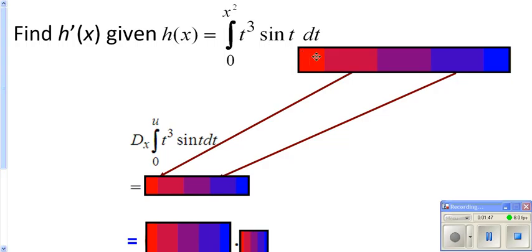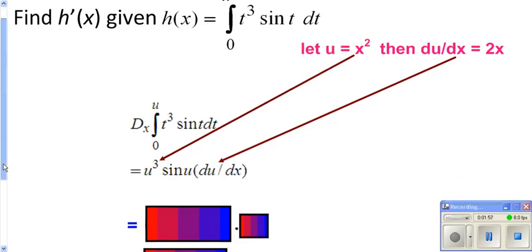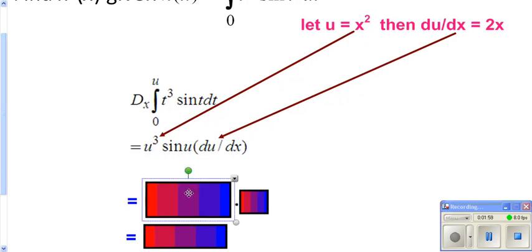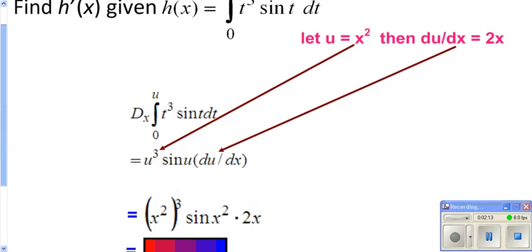Now, there's some technicalities that you need to deal with, but for the most part, it just boils down to, if you did use u substitution, you'd have this. And so then you'd want to be going ahead and taking your derivative of this here. In derivative of this, you plug in your x squared, yes, but you got to have this du dx, which is basically the derivative of your upper limit.